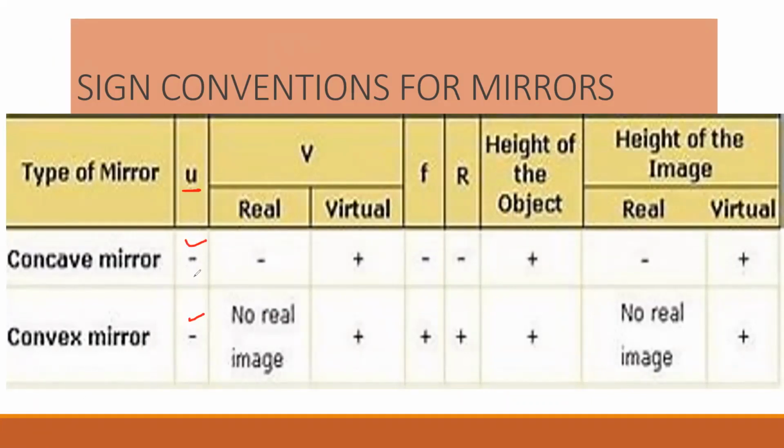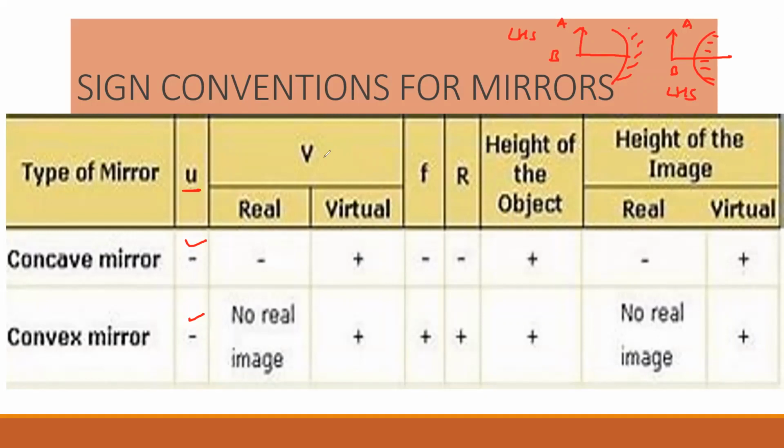Because your object always lies on the left side. In a concave mirror, the object is lying here, on LHS. If this is your convex mirror and you are talking about your object AB, it is also on LHS. So to measure its distance, you have to go towards left, which is why its sign is negative.